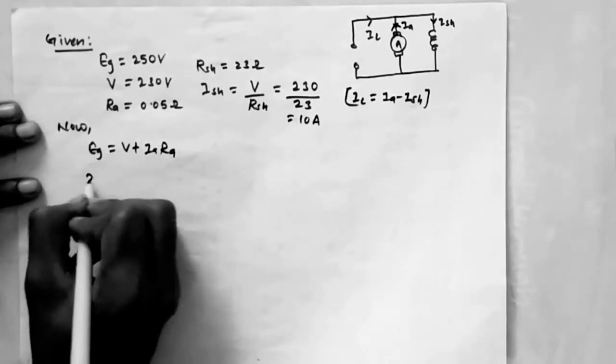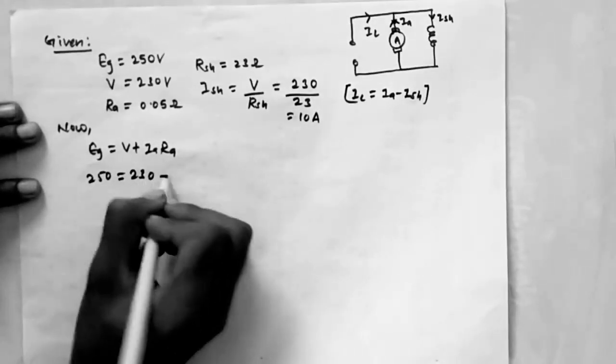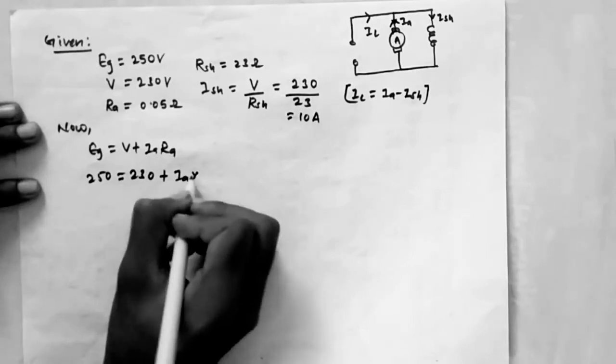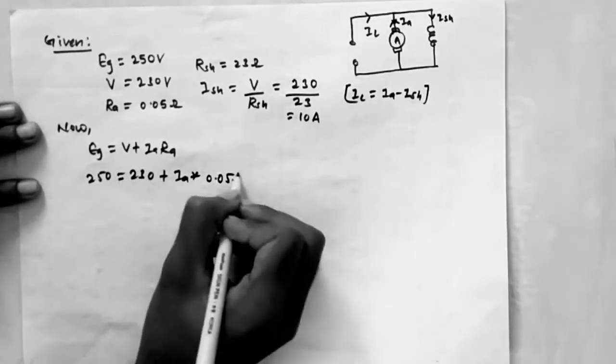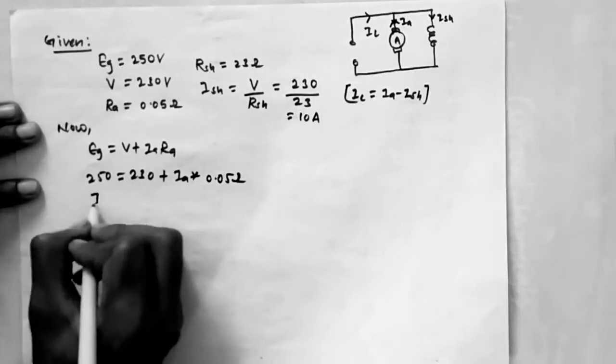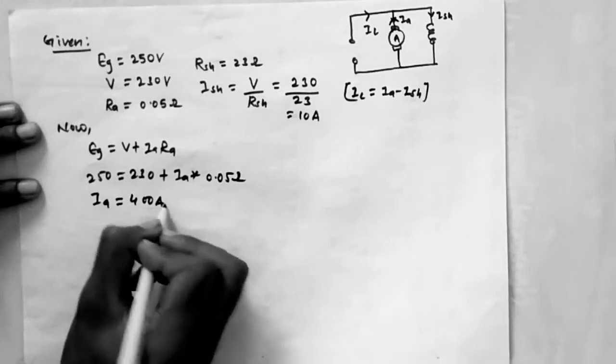In place of Eg we have 250, and in place of V we have 230 plus Ia into Ra, and in place of Ra we have 0.05 ohm. If you solve this, you will get the value of Ia. So Ia will be 400 ampere.